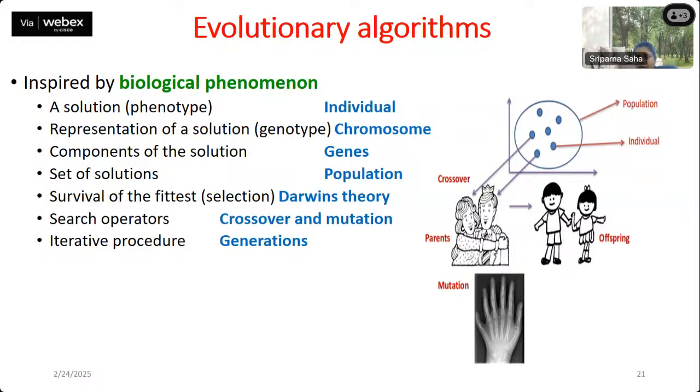We apply two operators, crossover and mutation, and the iterative procedure is called the generations. So basically there are many individuals, and all the individuals are called the population. We apply crossover and mutation on the solutions to change them. Then we evaluate the objective functions of the solutions to finally calculate which solutions are the best.